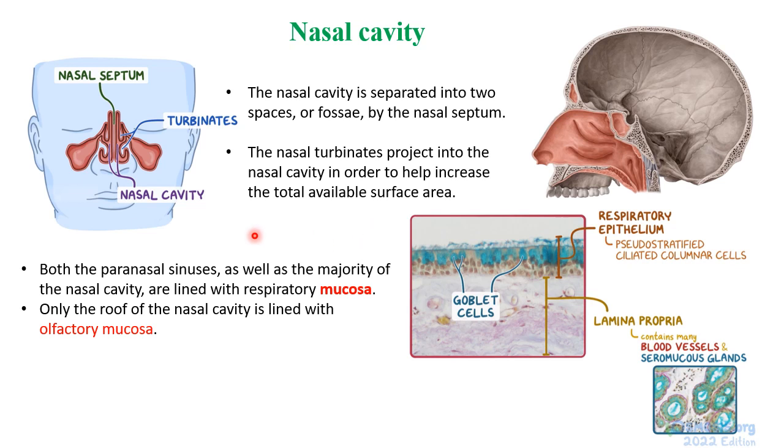So most of the nasal cavity is covered by mucosa. Now you should remember, what is a mucosa, right? When you look at the mucosa tissue, you are going to have pseudostratified ciliated columnar cells. Remember those guys? Yep. Yeah, remember.